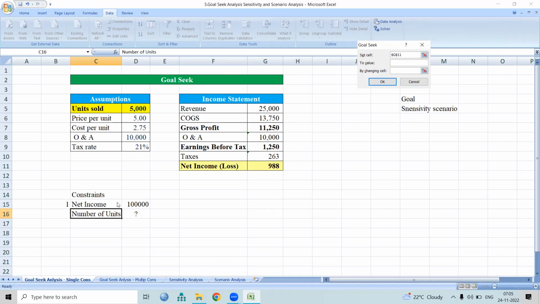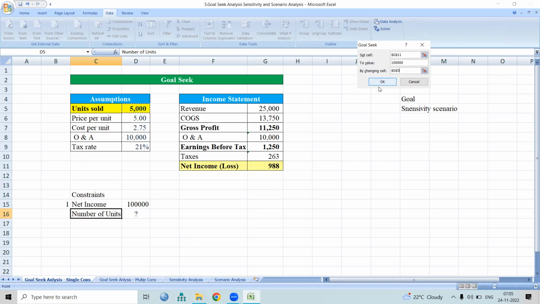What is the net income we are predicting here? 1 lakh. By changing the cells, we are trying to find out the number of units required to be sold, which is in the D5 reference cell.